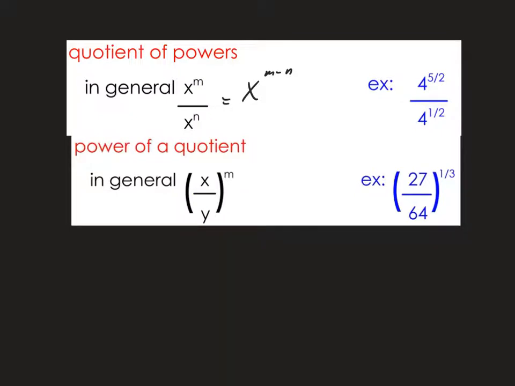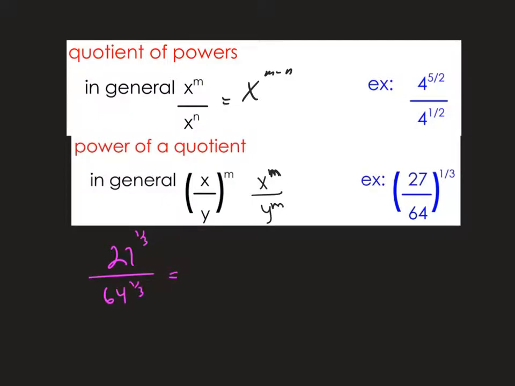And then the power of the quotient, we have x divided by y, all raised to the m, so that's going to be x to the m divided by y to the m. All right, and so we have 27 to the 1/3, so that's going to give us 27 to the 1/3 divided by 64 to the 1/3.